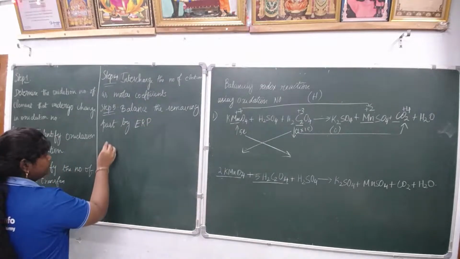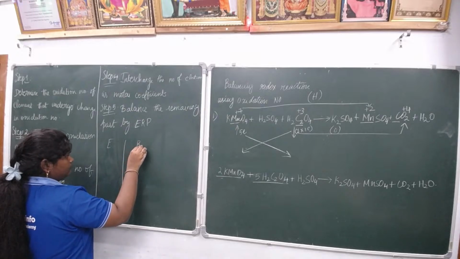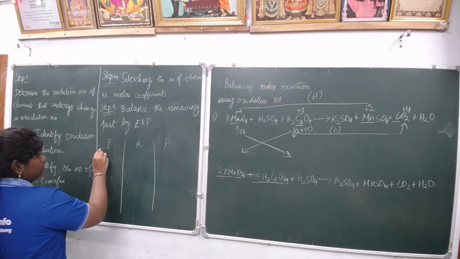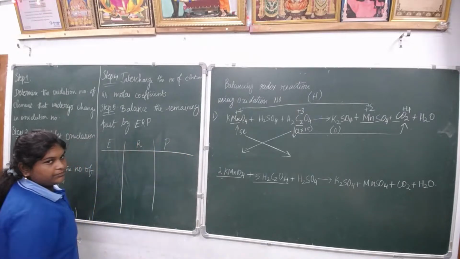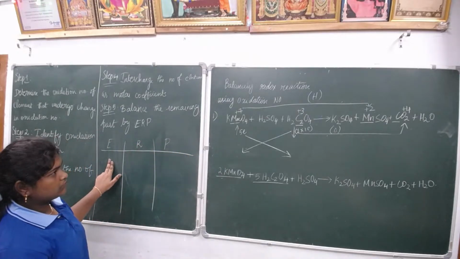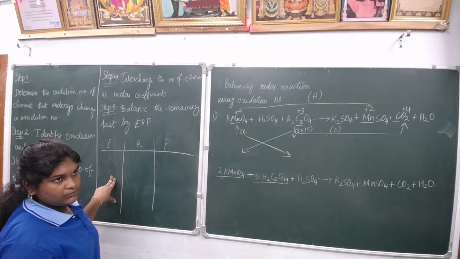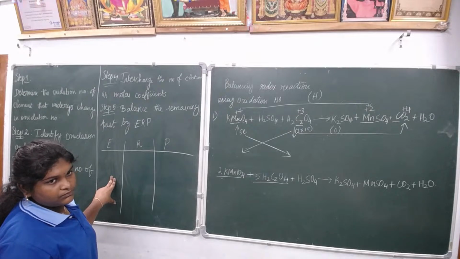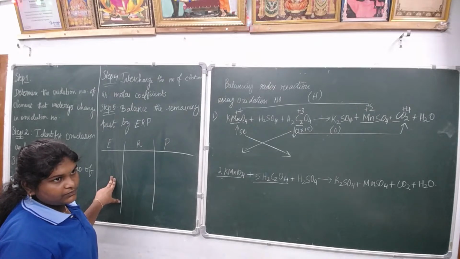Okay. So list out the elements starting with the cation followed by anion. Those that are distributed widely should be given the least priority. If any atom, for example, oxygen, is distributed widely in various places, that should not be given the priority. It should be given least priority. Put it at the bottom most.